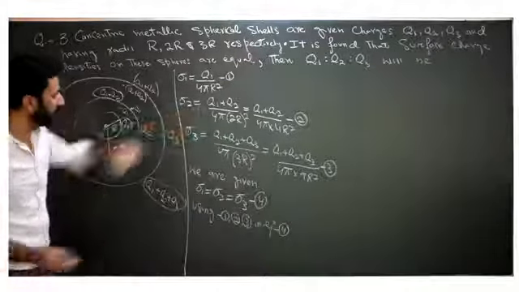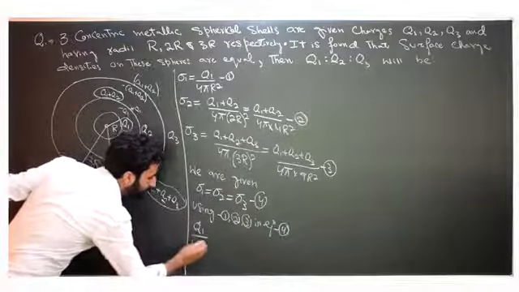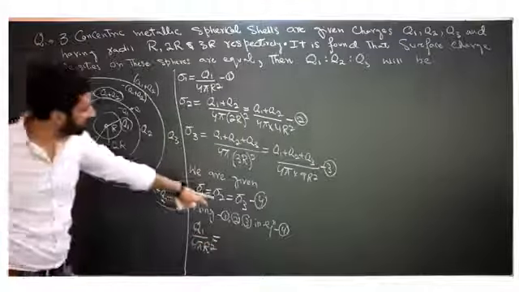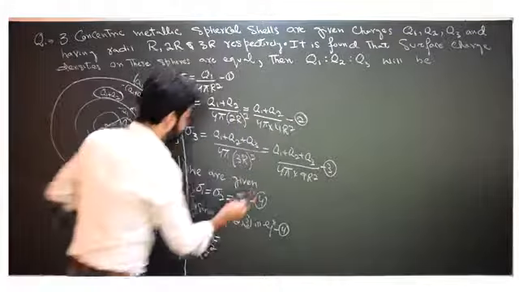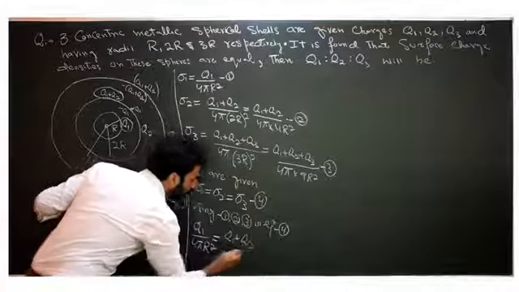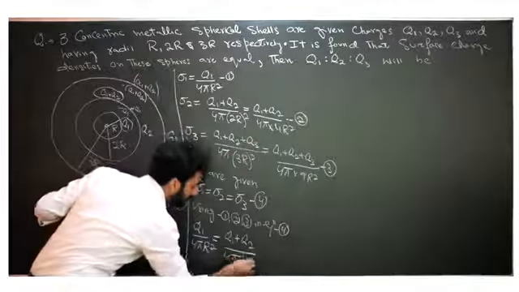So sigma 1, we have Q1 by 4 pi r square. This should be equal to the surface charge density of the second shell, that's Q1 plus Q2 divided by 4 pi into 4r square.